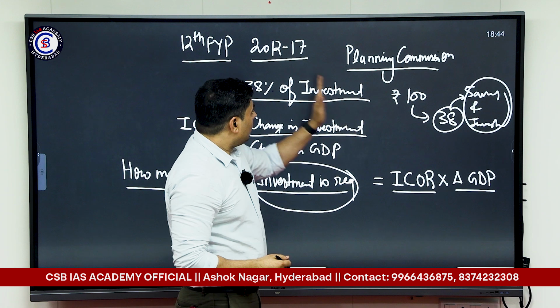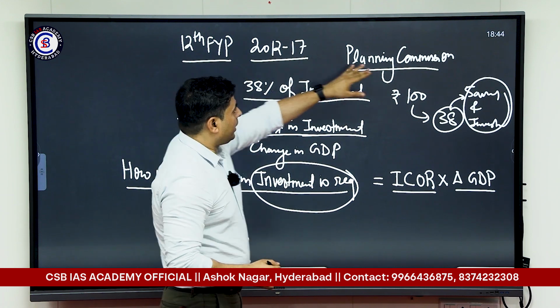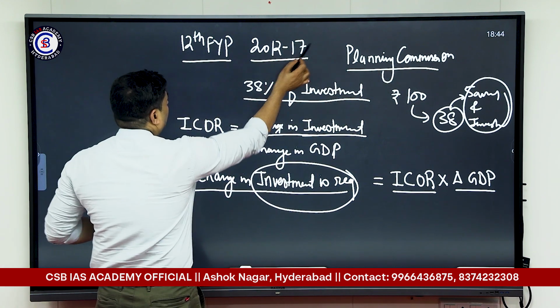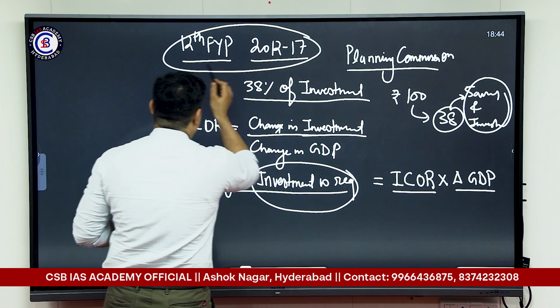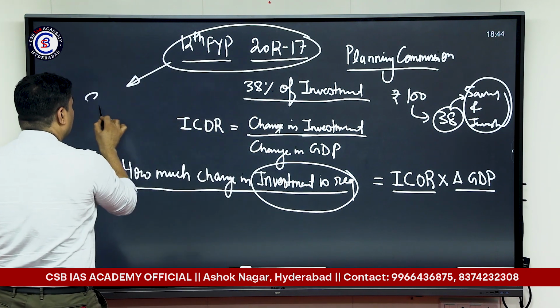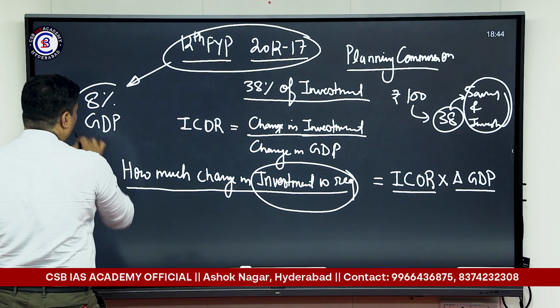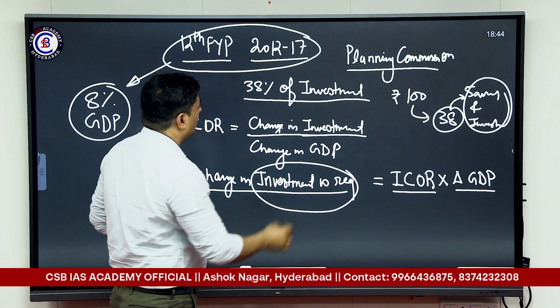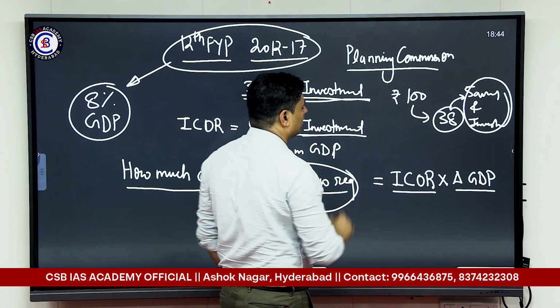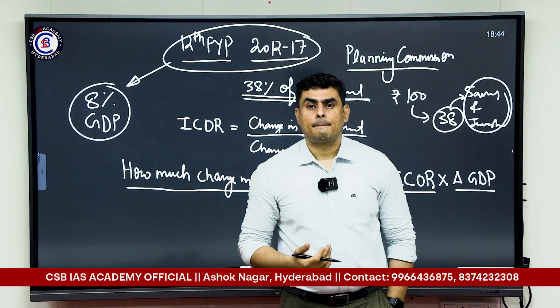So according to the Planning Commission, for the 12th Five Year Plan, if we want to achieve an 8% GDP growth rate during this phase, we need 38% investment.